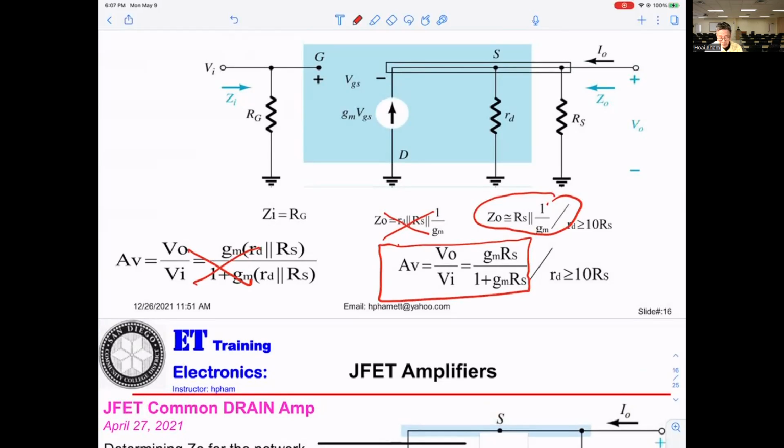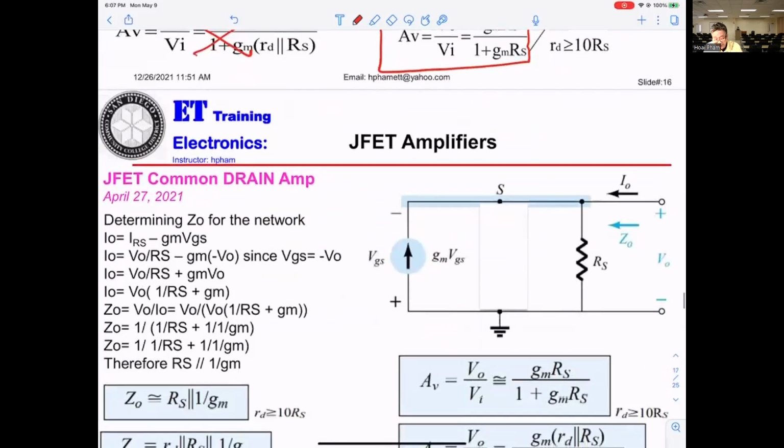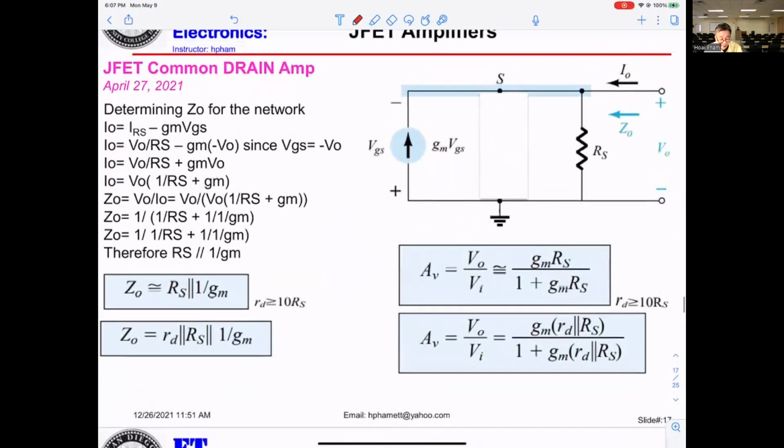So when you're looking into the common drain, try to recognize this is a common drain. And you get the input impedance, you get the output impedance, you get the voltage gain. Vout will be equal gain times input. Now let's see. Common drain amplifier. So basically, they just try to give it to you. Okay.